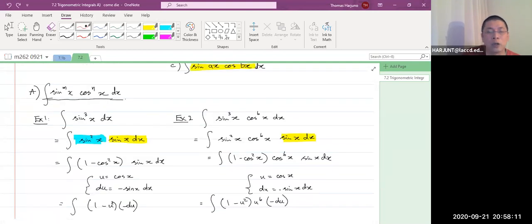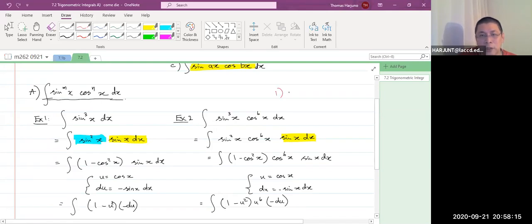So the summary we can get from here is, first, if m or n is odd, then pull or factor out one for du.